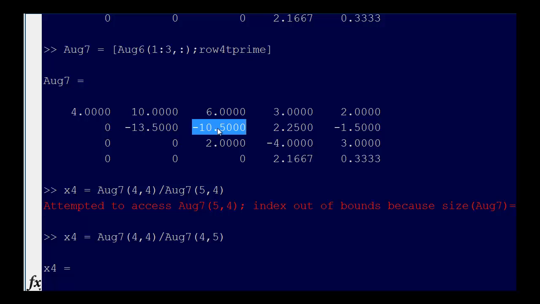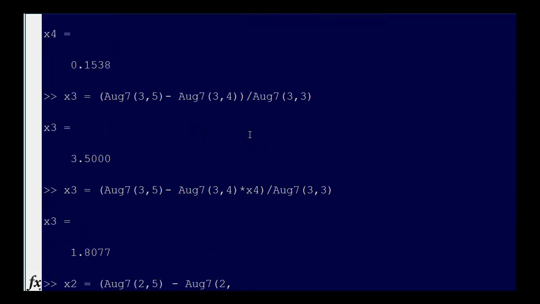So we're going to be dividing everything by 13.5, and it'll be 10.5 times x3.